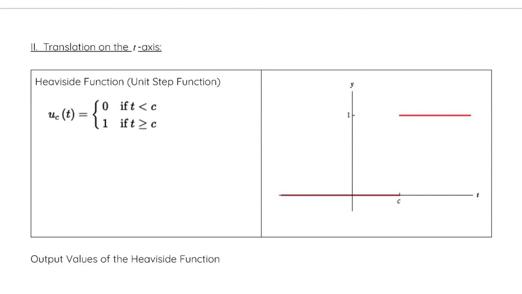So tomorrow we'll take a look at the translation on the t-axis, and again, we'll be using some of the lower rows on this table to help us figure out how to go back and forth between a Laplace and an inverse Laplace, but more specifically, how do we use that to solve a differential equation, okay?